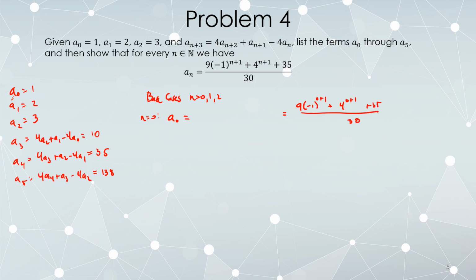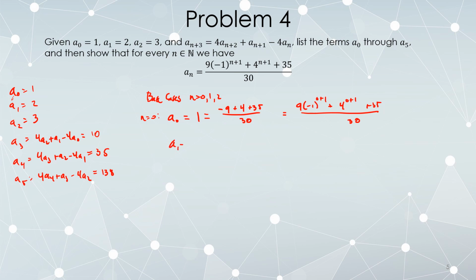What we are given is that a sub 0 is 1. Now what we have to do is simplify this formula down. 9 times negative 1 to the first would be a negative 9. 4 to the first would be 4 plus 35 over 30. And we can just check. 35 plus 4 is 39, minus 9 is 30, and 30 over 30 is indeed 1.